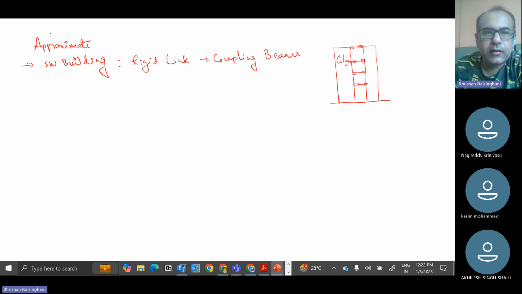So all these approximate methods for shear wall buildings we will also try to cover. We may not be able to go into full depth. However, I will request you to read the textbook before you attend the class, so it will be easier for you to grasp what we are going through. Or you can also refer to it later, and you can ask your queries.